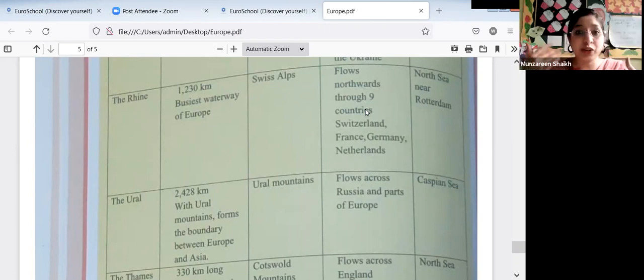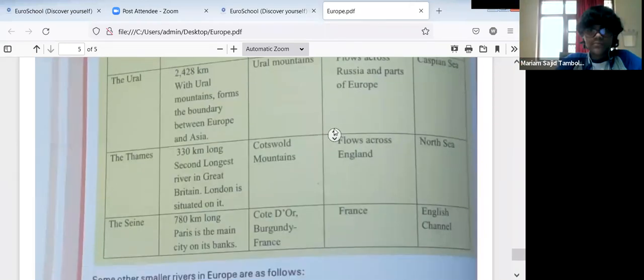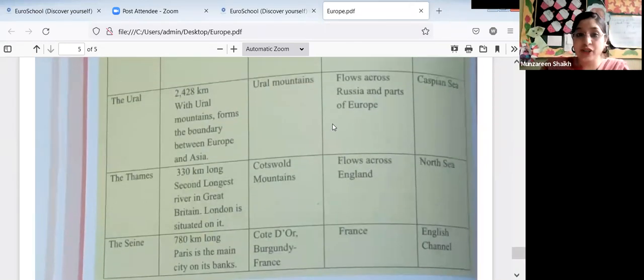Clear? See, children, you need to remember these because you might get an objective question based upon this. They might ask you to name the longest or second longest river of Europe, or they might give you the name of the river and ask which countries it flows through. These are objective type questions.